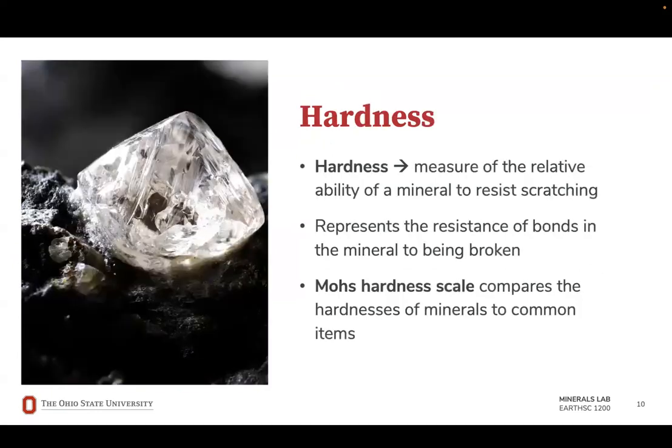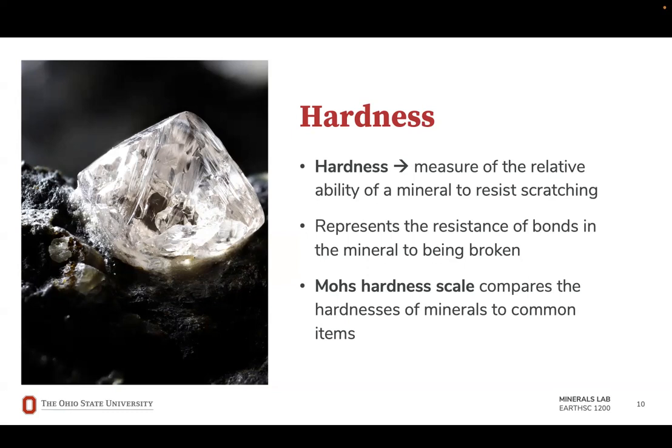Hardness is one of the most useful properties of minerals. Hardness is a measure of the mineral's resistance to abrasion or scratching. A harder mineral will cut or scratch a softer material. We use simple household items of known hardnesses to determine the hardness of mineral samples using the Mohs hardness scale. This was developed by a German scientist named Friedrich Mohs to compare the hardness of minerals.